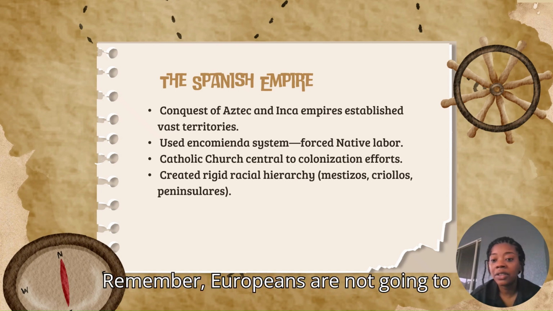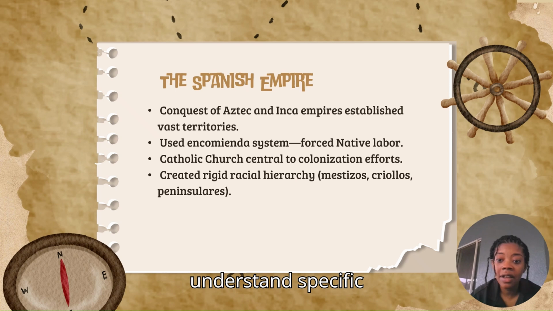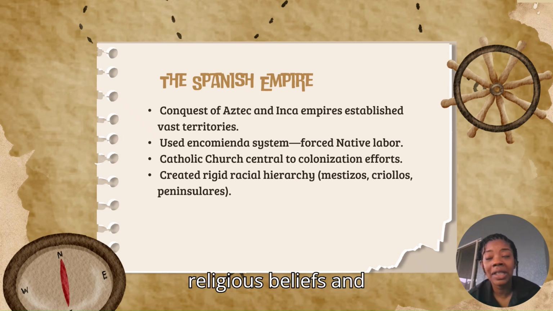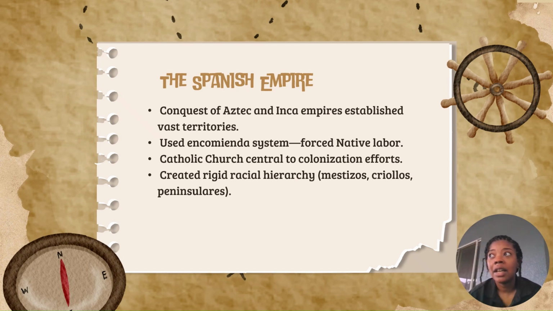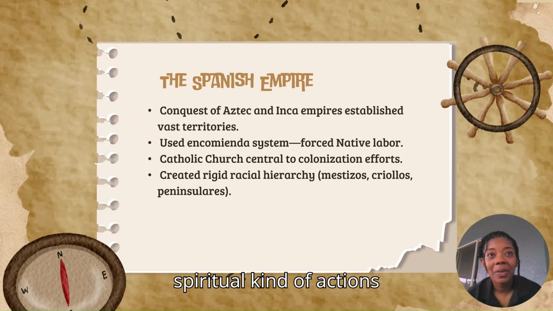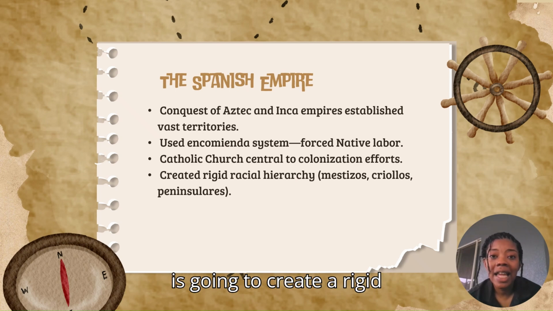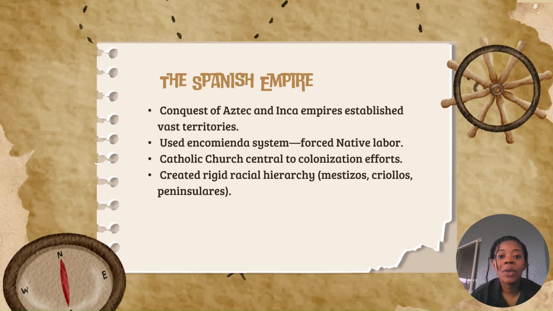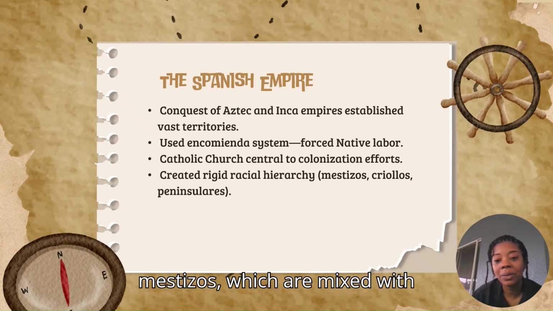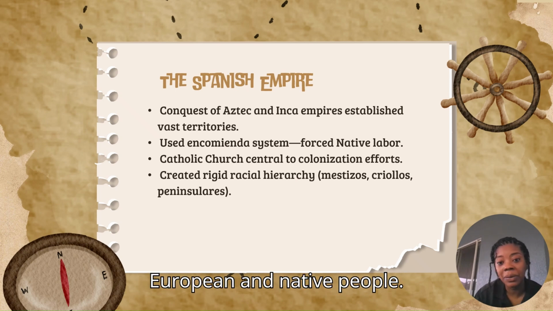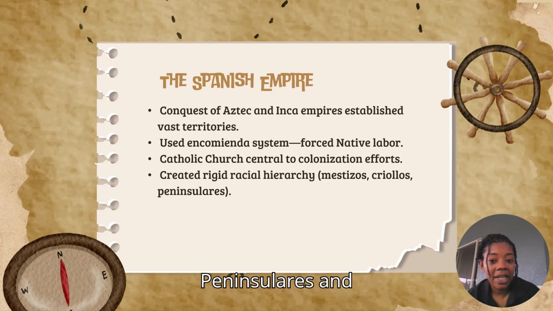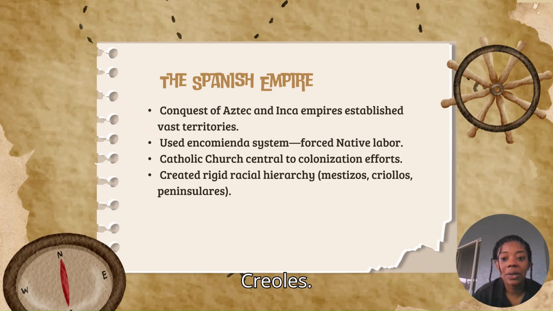Remember, Europeans did not understand the specific religious beliefs and spiritual actions of the native people. It created a rigid racial hierarchy with mestizos, who were mixed European and native people, peninsulares, and criollos.